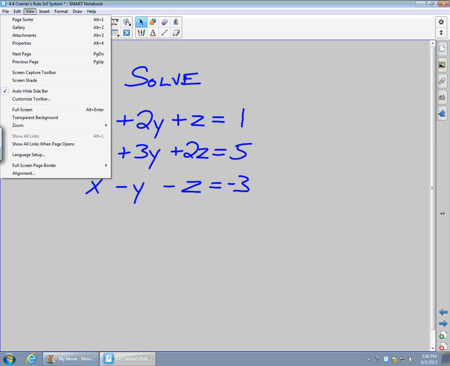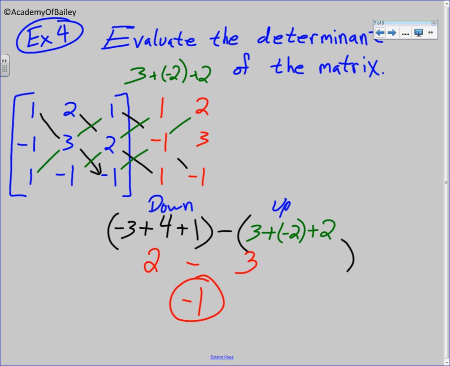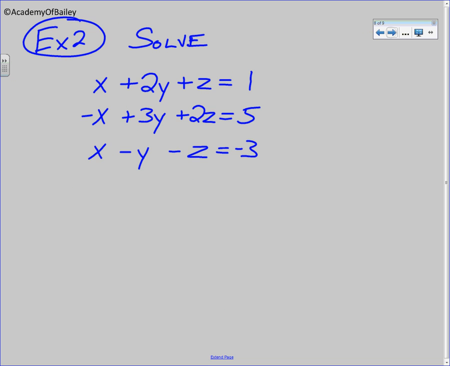Okay, if you notice there that we have this system of equations here, and back in your determinant notes, we calculated the determinant of A to be negative 1 there. Here would be matrix A right there. So if we look here, how do we solve this? Well, we want to go ahead and solve for the x.